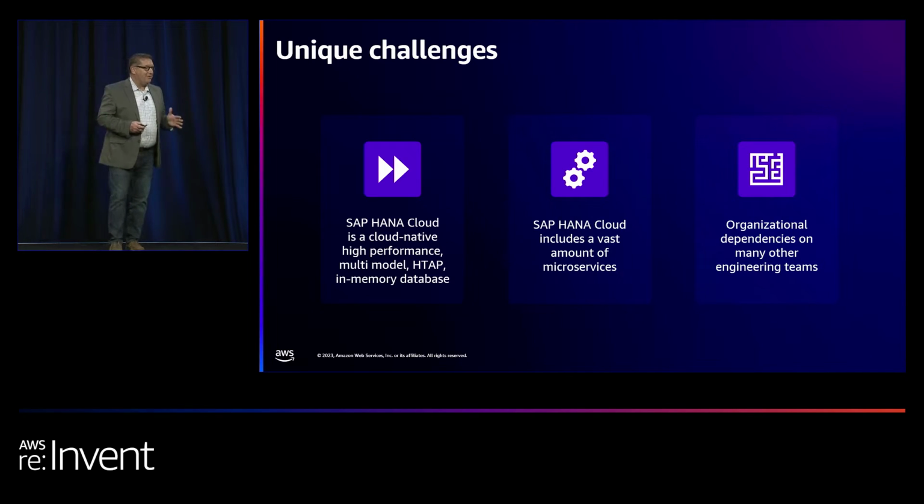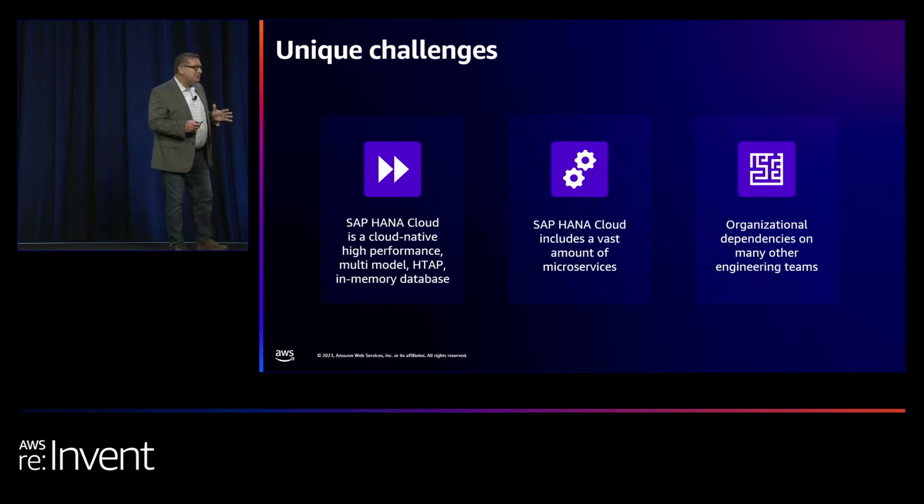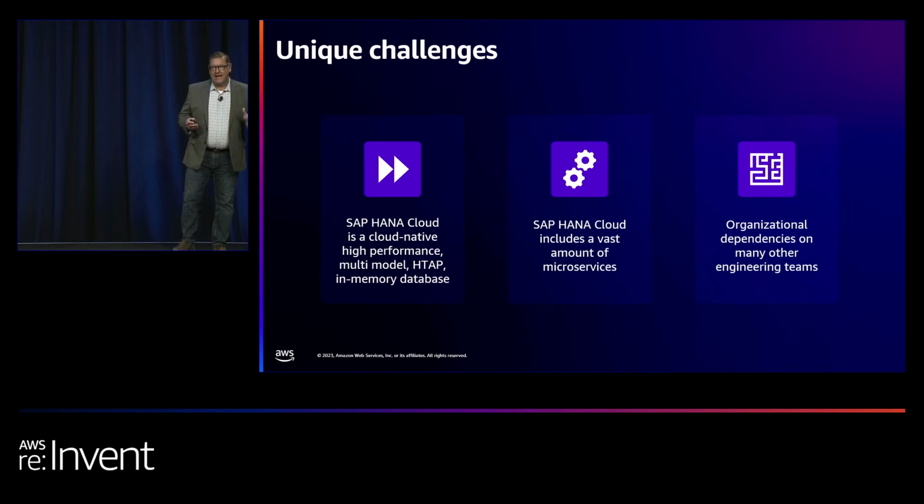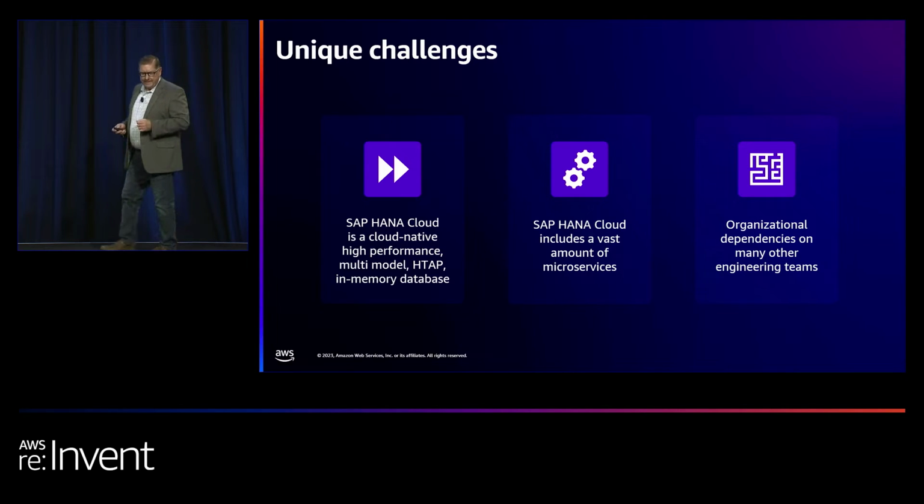There's a lot of moving parts to do that. Now, that doesn't mean that a migration or a porting to AWS Graviton is difficult. It's just that from a HANA perspective and a HANA Cloud perspective, there were some unique challenges that we knew going into this that we just wanted to share with you.